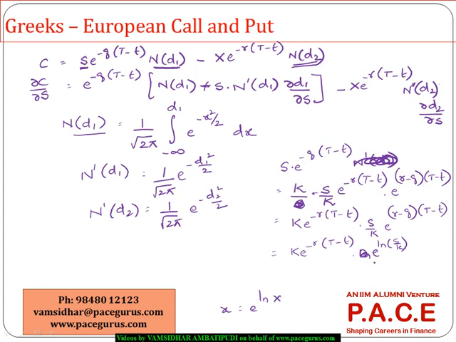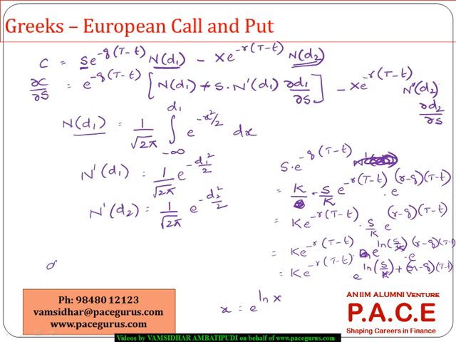So I will write it as e power log S by K, and this as e power (r minus q) into (T minus t). So overall it is coming out as K e power minus r (T minus t), and e power log S by K plus (r minus q) into (T minus t). K and X I am using interchangeably. This is what is coming in the numerator.